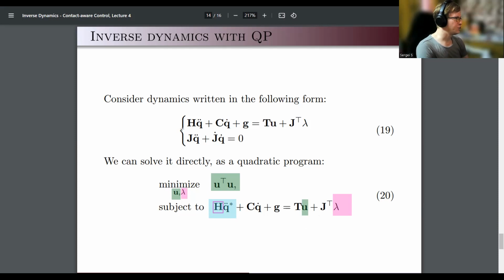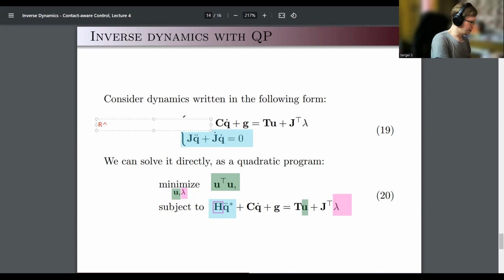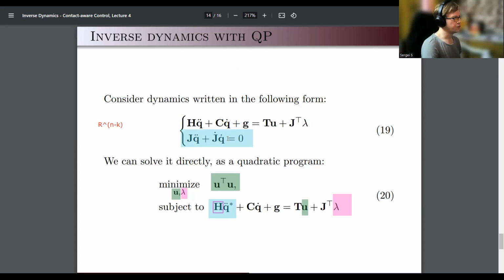Of course, this is not true, right? Since this guy prevents you from actually using all accelerations in Rn. So what you should actually have is accelerations that live in Rn minus k, where k is the number of rows here, like the row space size of this equation.